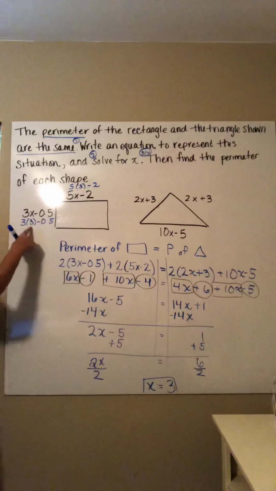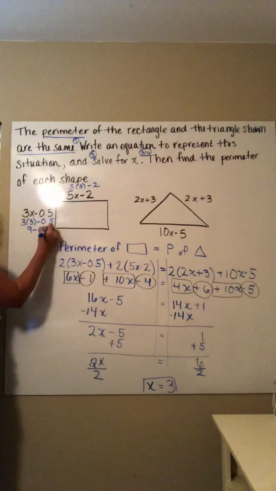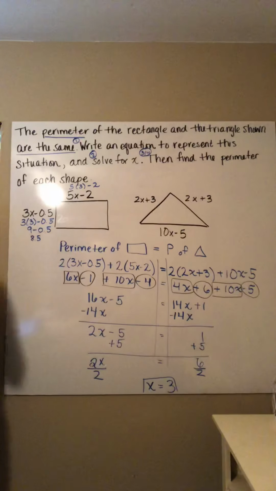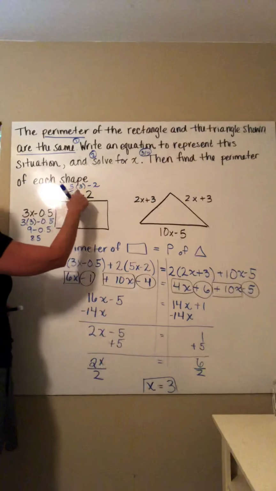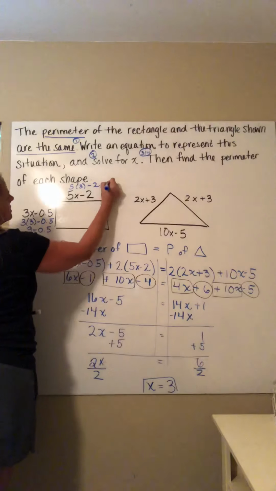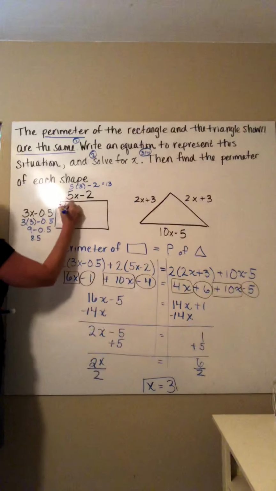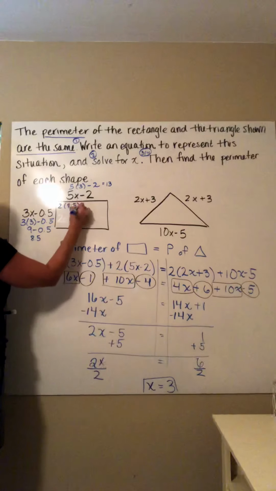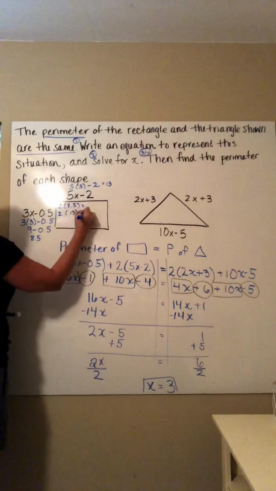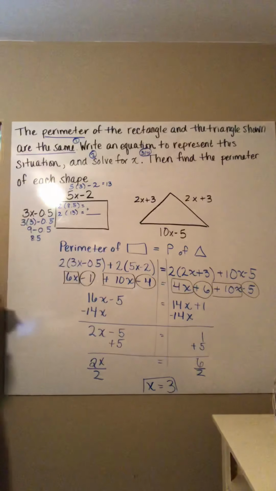So 3 times 3 is 9. 9 minus 0.5 is 8.5. 5 times 3 is 15. 15 minus 2 equals 13. And remember, I have 2 of those sides, so I have 2 times 8.5, 2 times 13, and then I'm going to need to add those answers together to get my perimeter.